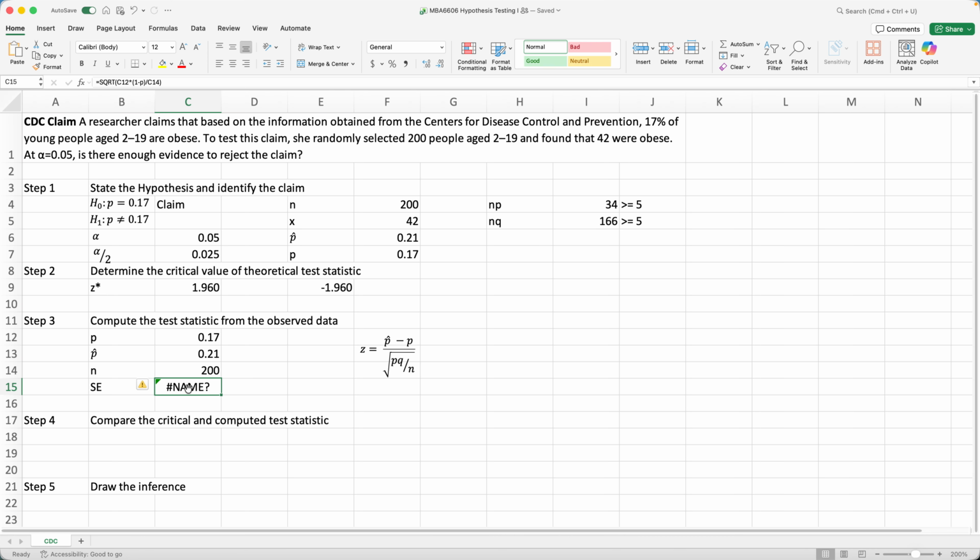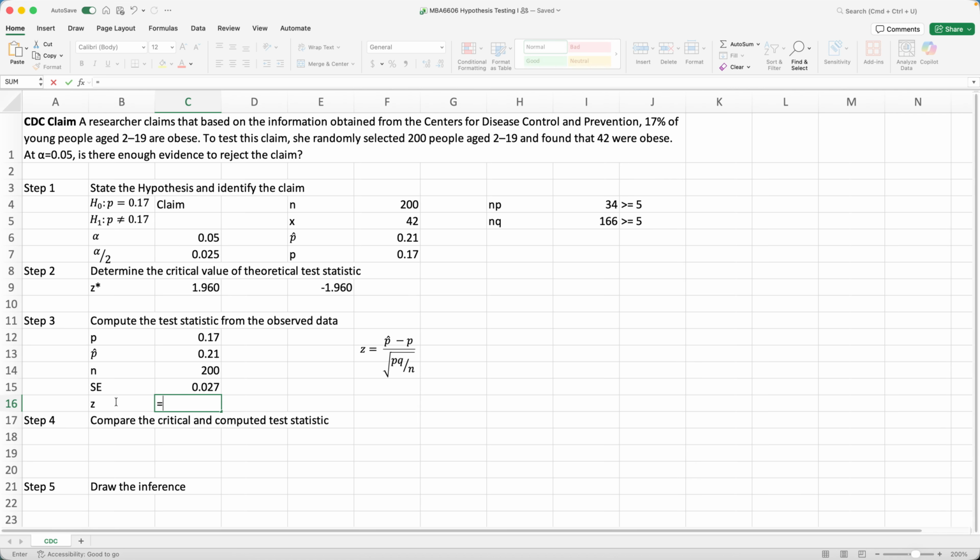Let's check what went wrong. Oh, 1 minus P. So that's 0.0265 or 267, whichever way. So what will be Z?